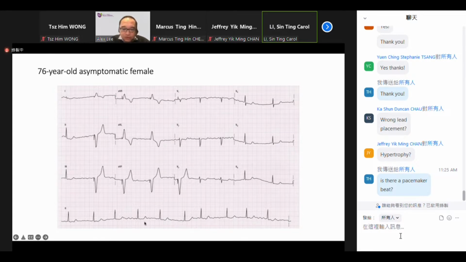So you mean there's no P wave here, right? Agree? There's no P wave here. So there's some waves here. Is it consistent with a P wave, an organized waveform preceding the QRS complex? Not very organized.